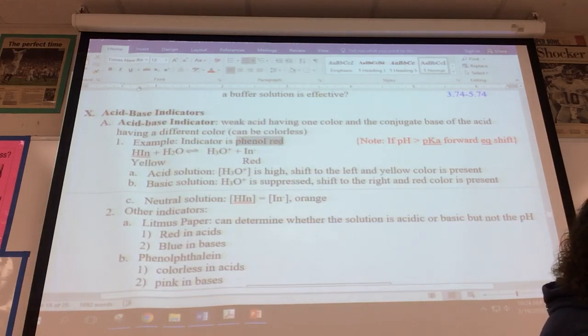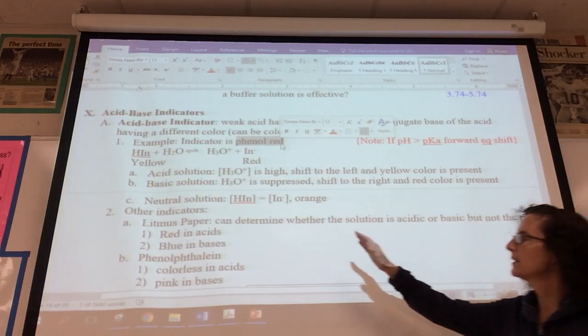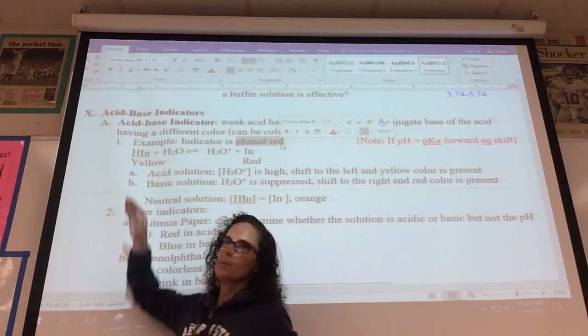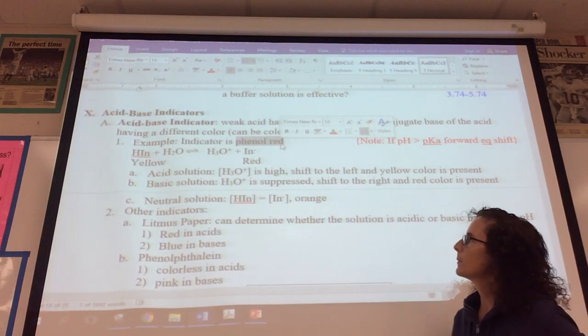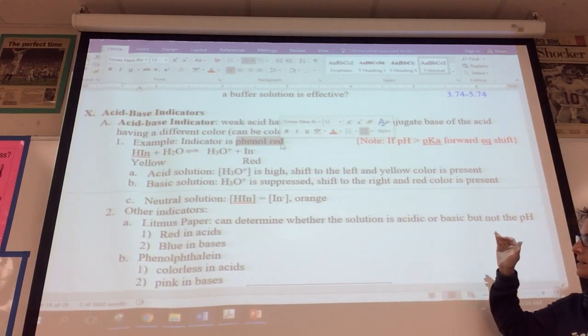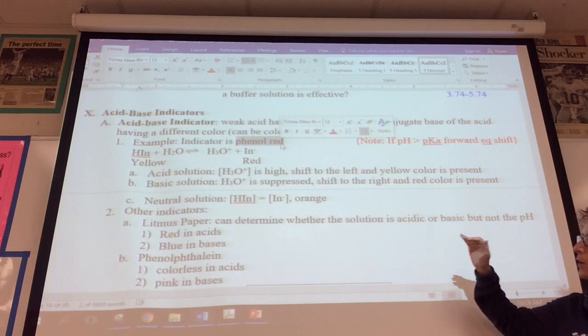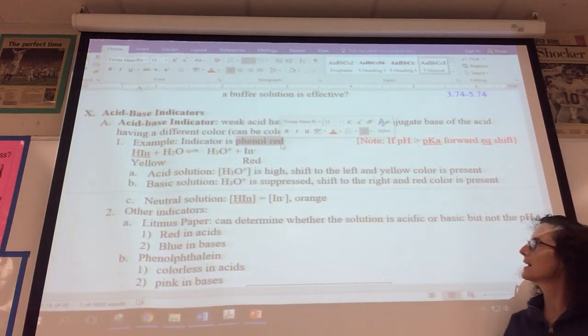For example, one is phenol red. And phenol red in its weak acid form is yellow in color. In the conjugate base form, it's red in color. If you have an acidic solution, you'll find that the concentration of hydronium ion is high.